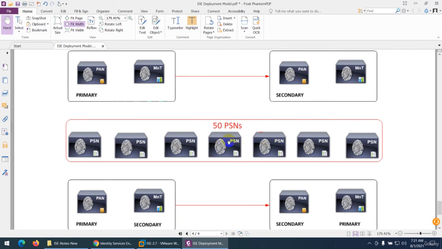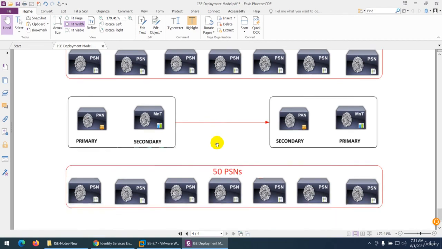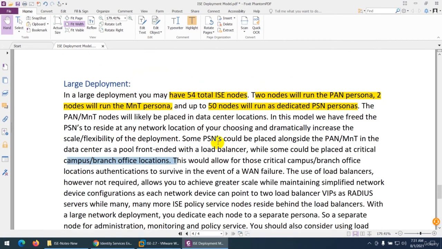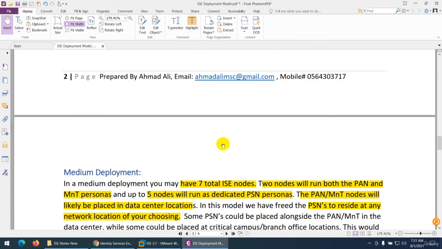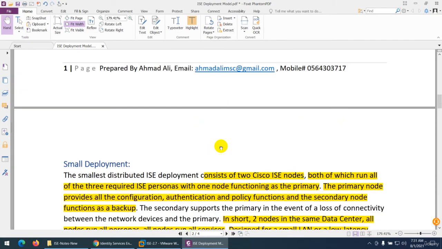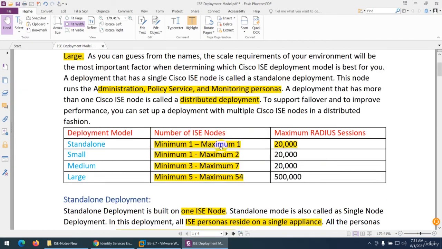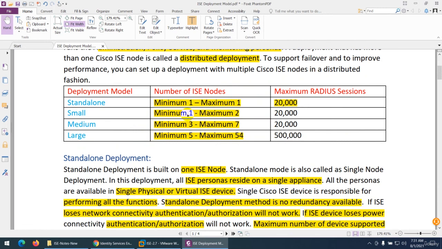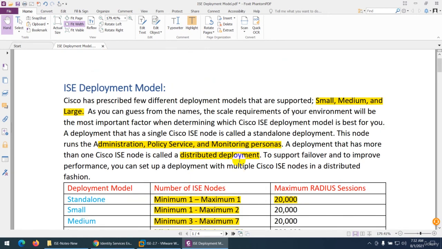These are active PSNs, 50 active PSNs. So these were the 3 different deployment modes, plus we discussed the standalone device. And these are the ISE nodes. 1 box means standalone, 2 boxes small deployment, 3 to 7 boxes medium, and 5 to 54 we call large deployment. That's it.